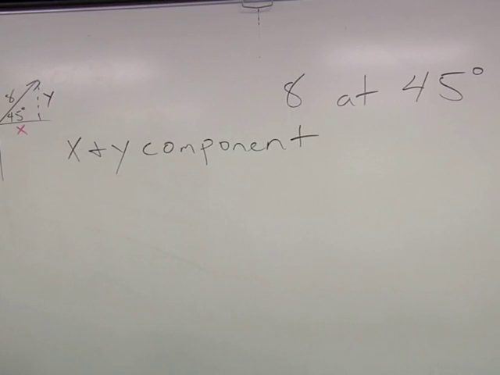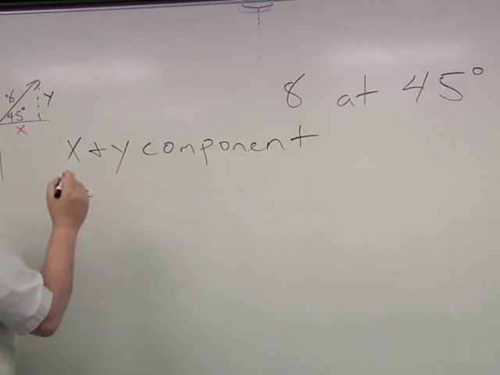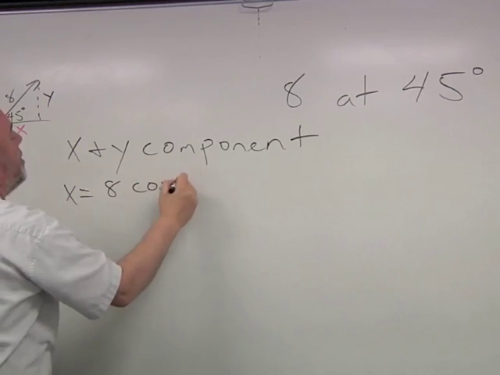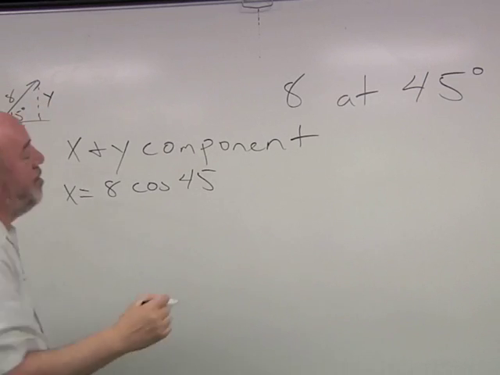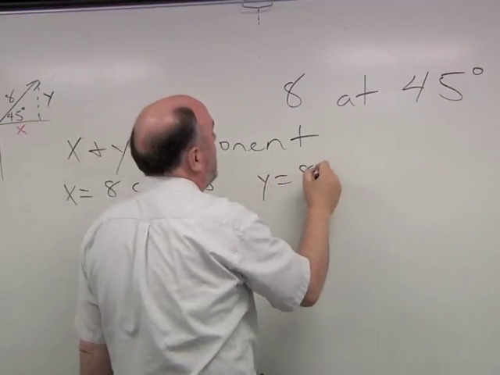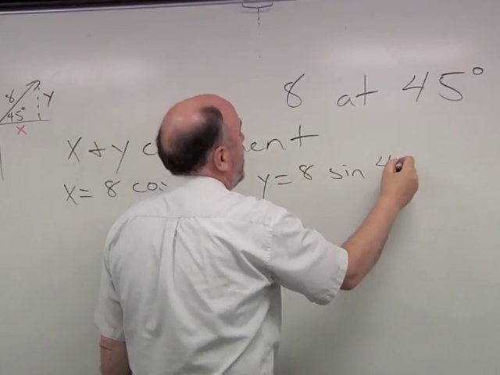And to get those, we can use our trig functions. And so we would have that x is going to equal 8 cosine 45. See, this is the adjacent side, that is the hypotenuse. And then my y would be given by the sine function.